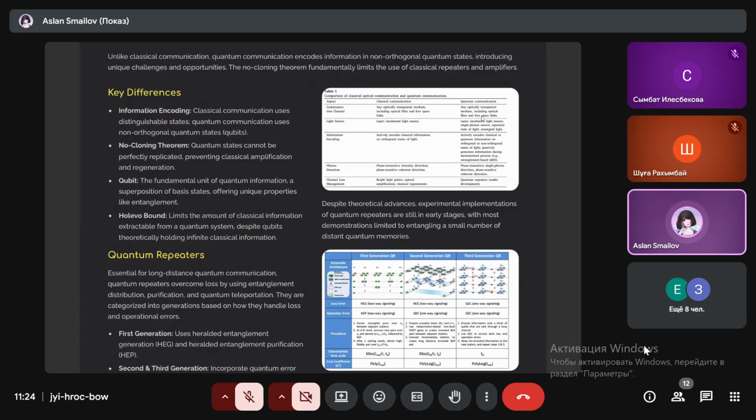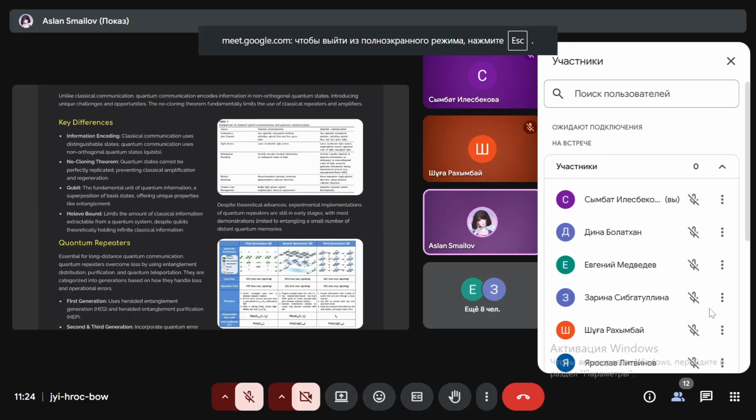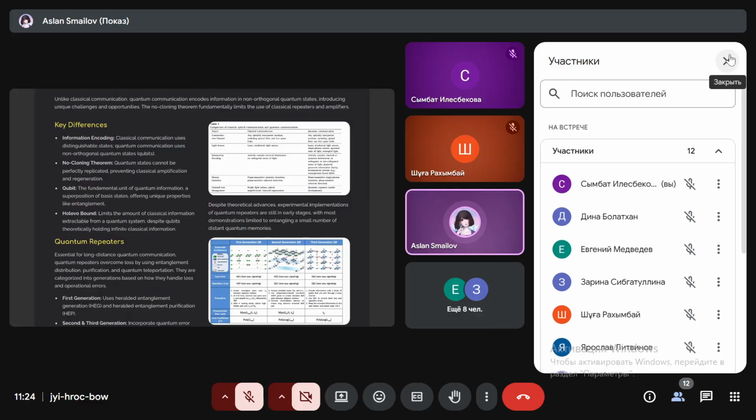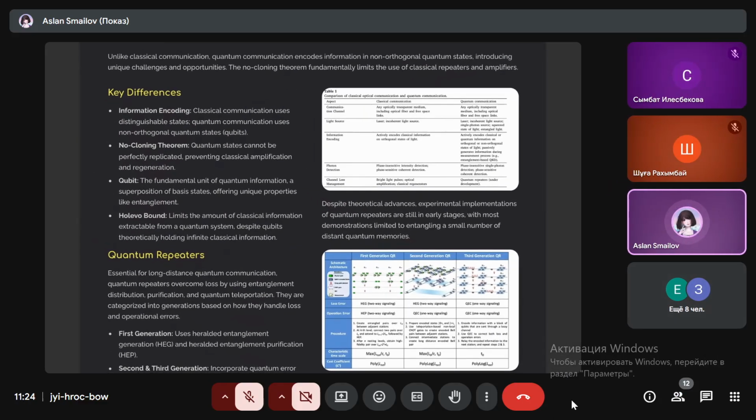Here in the first picture, you can see the table. It's a main comparison of classical optical communication and quantum communication in theory. Let me just read it.